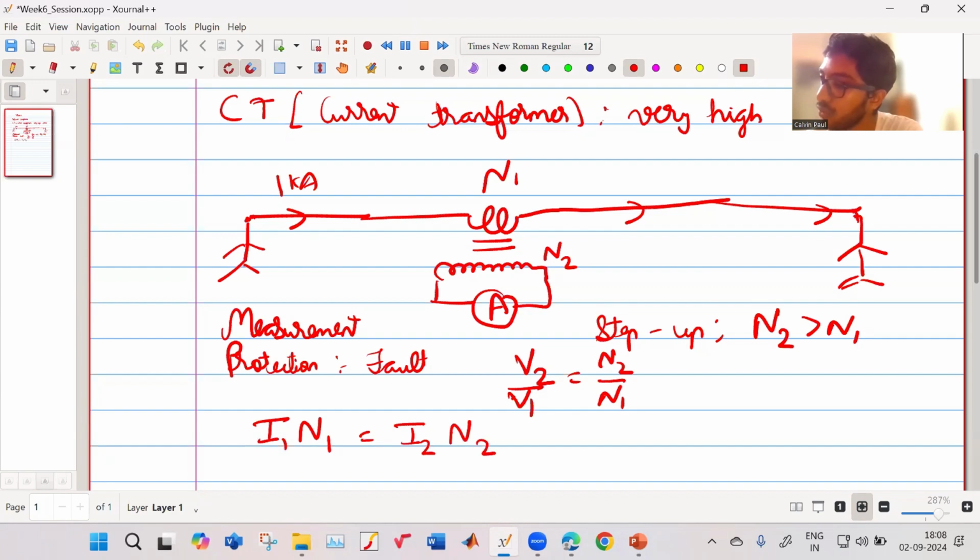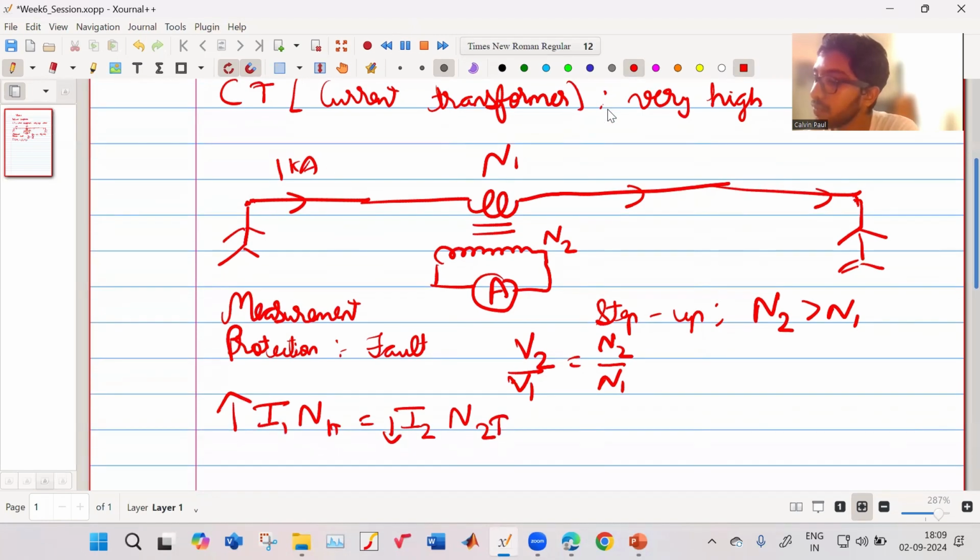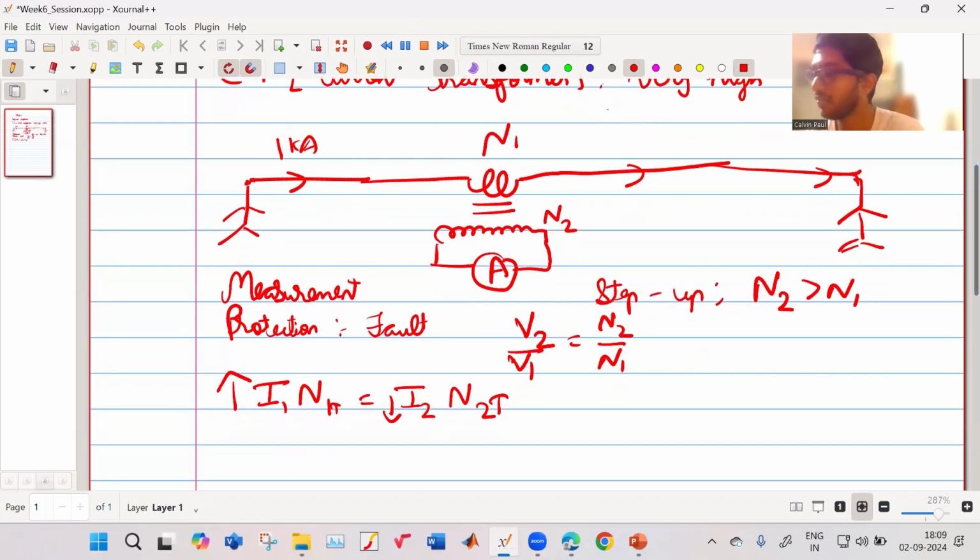Now what do we know? My I1 is very large, and what I want is my I2 to be low. So my N2 will be greater than my N1. This I1 N1 should be equal to I2 N2 in the ideal sense.